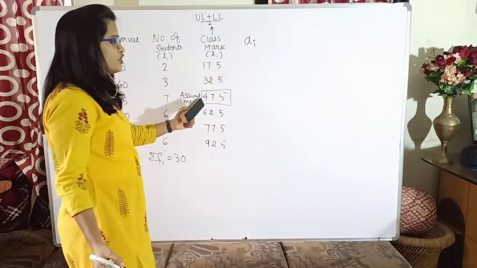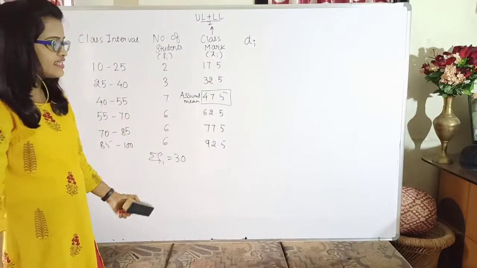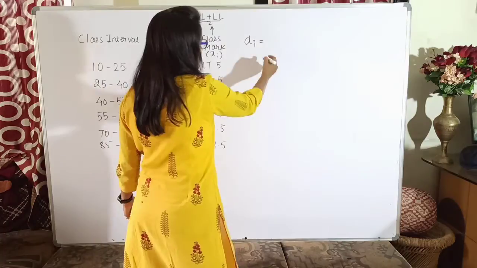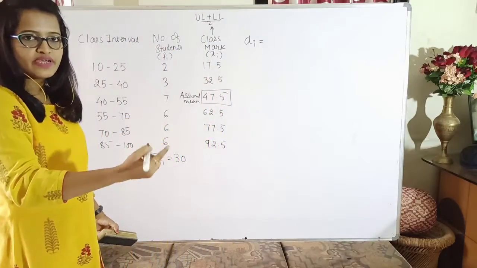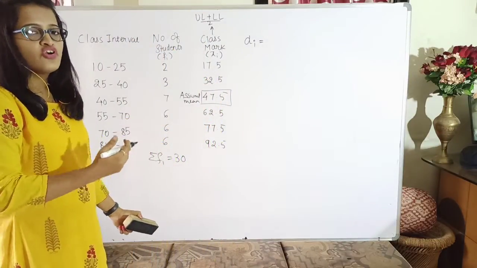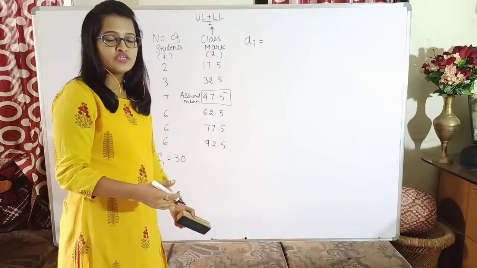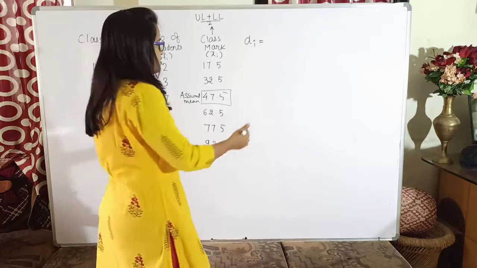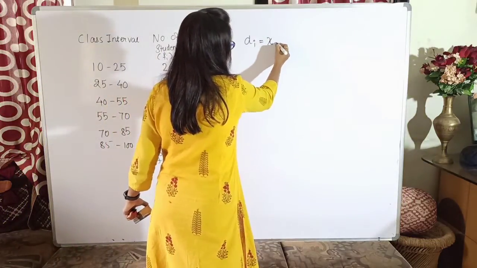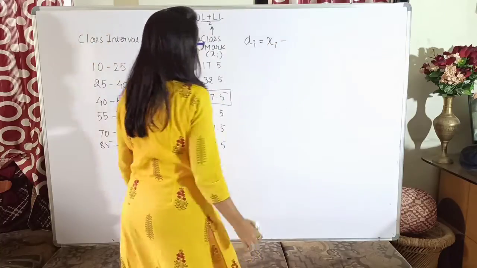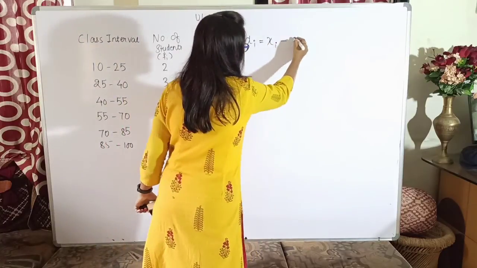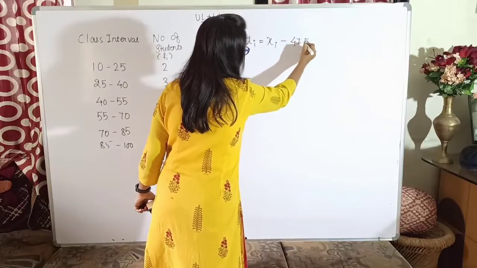Again, since we are going to find it for different values, I will take it as di, which is xi minus the assumed mean. Whatever the observation is, from that you subtract the assumed mean, which is 47.5 in this case.